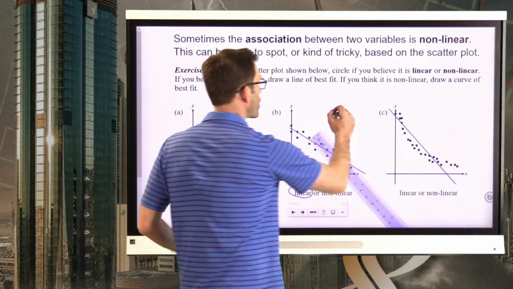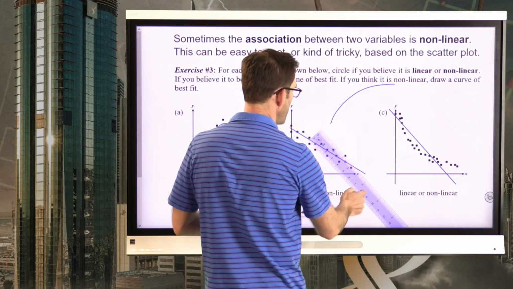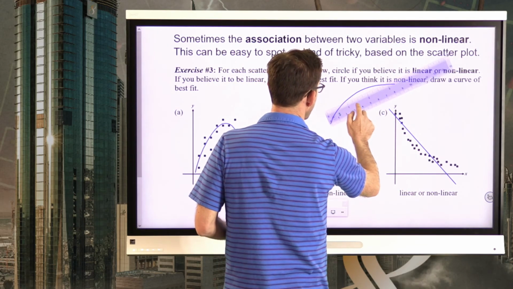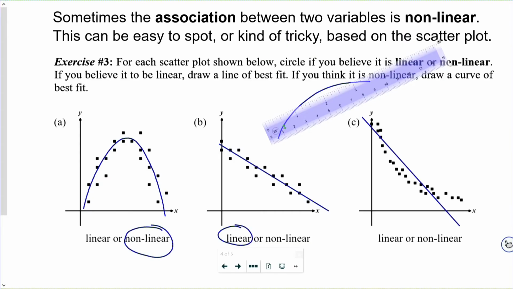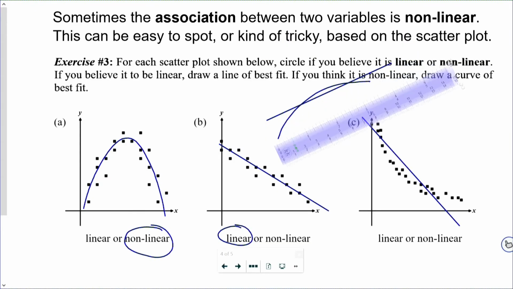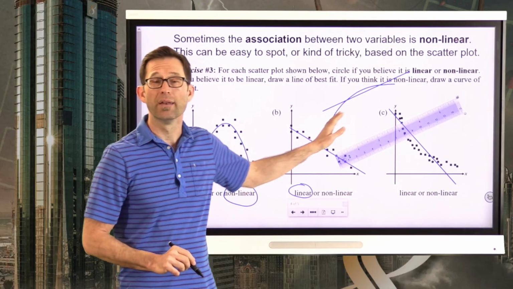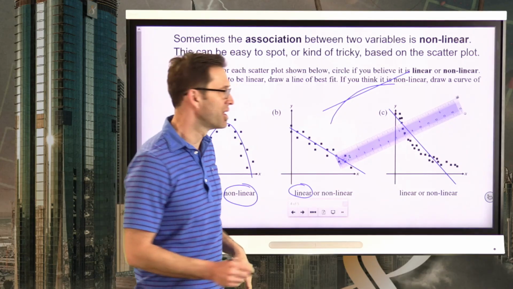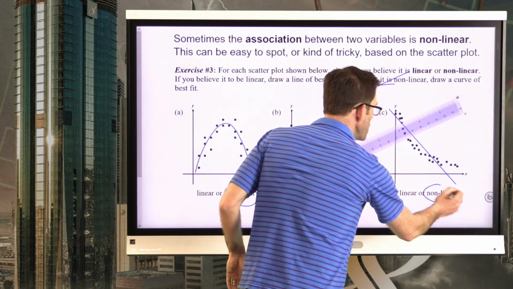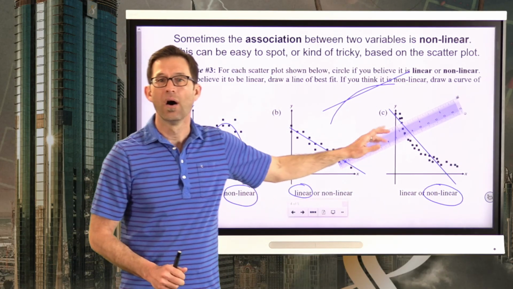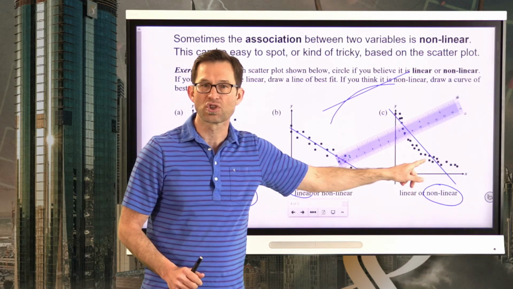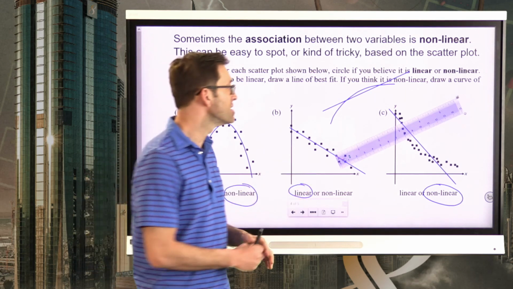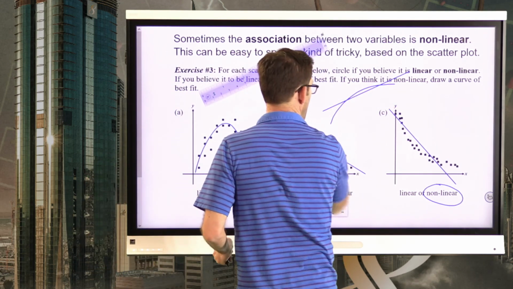Because if you've got a curve, any kind of a curve, then if you draw a line through this curve, the curve ends up being above the line in certain portions and below the line in other portions, right? And that means this is definitely nonlinear, okay? We shouldn't have these data values all below in this section and then above in that section. This is definitely nonlinear, all right?